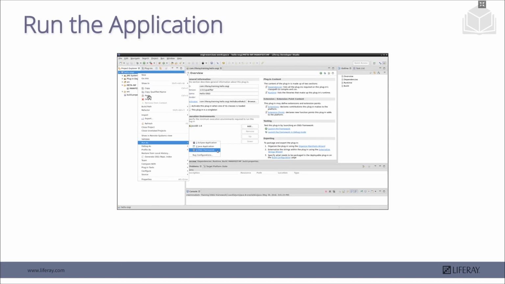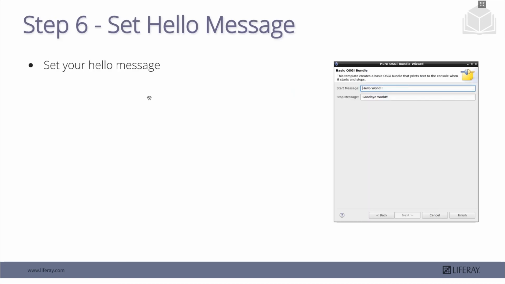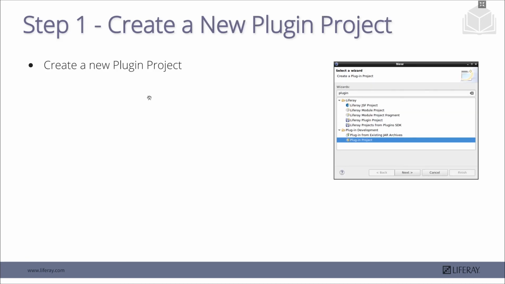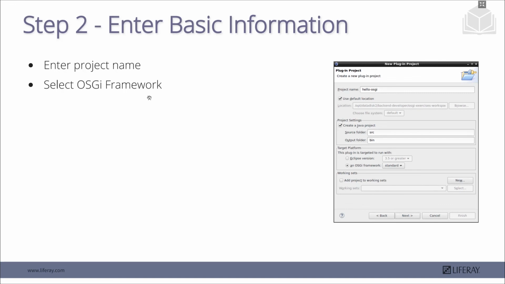But again, before we do, let's highlight really quick those big steps. So step 1, we're going to create a plugin project. Let me rewind here a little bit. So step 1, create a plugin project within Dev Studio. Step 2, configure the plugin project, give it a name, and select which OSGi framework we're going to run.